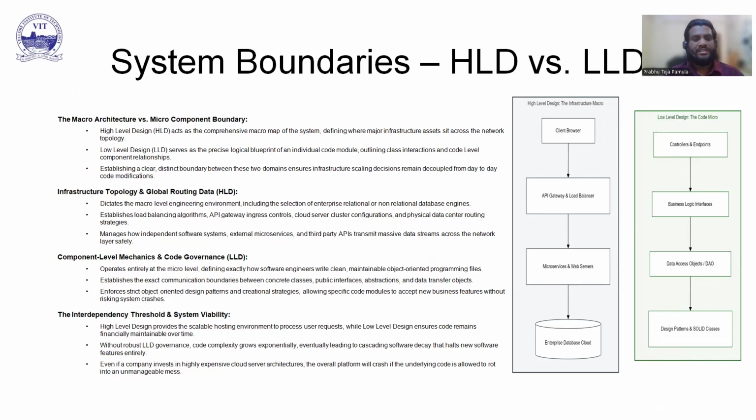Without robust LLD governance, code complexity grows exponentially, eventually leading to cascading software decay that halts new software features entirely. Even if a company invests in highly expensive cloud server architecture, the overall platform will crash if the underlying code is allowed to rot into an unmanageable mess.